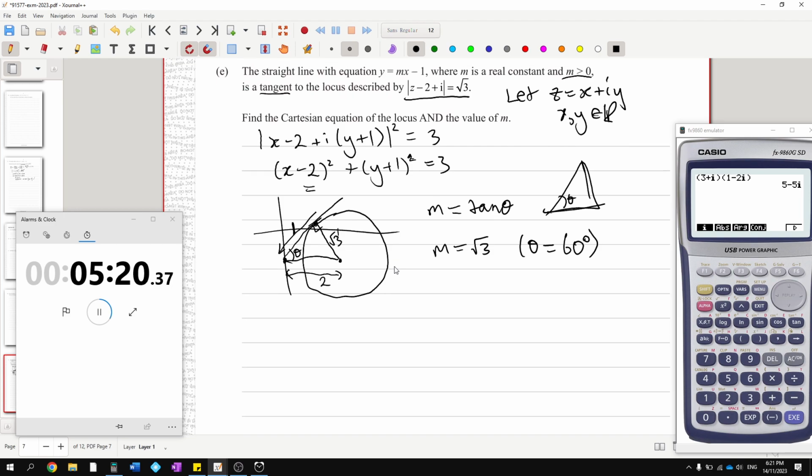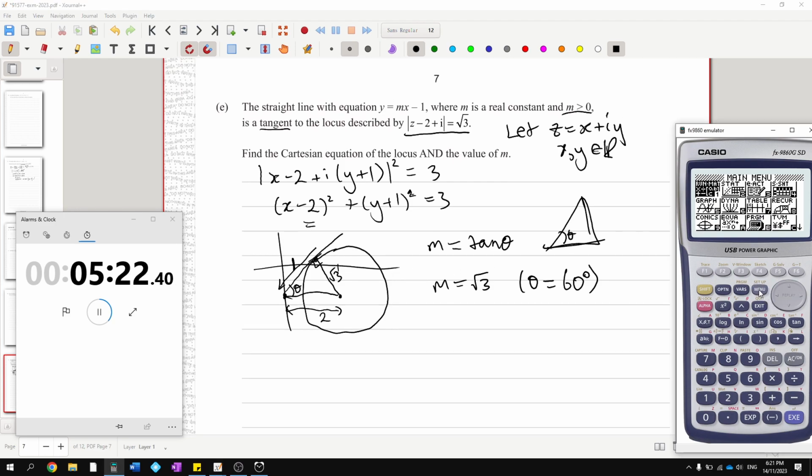Yeah, so if I just quickly check that, I go into graph, go y equals square root 3 x minus 1, and then I go square root 3 minus (x minus 2) squared.